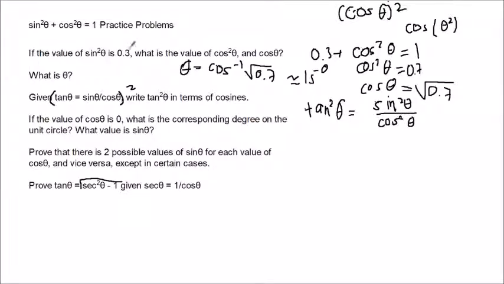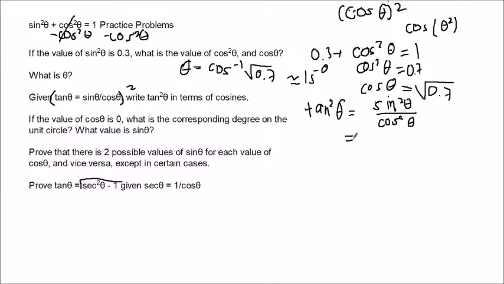But we have to write everything in terms of cosines. From sine squared theta plus cosine squared theta equals 1, we can subtract cosine squared theta on both sides, and then we get sine squared theta is equal to 1 minus cosine squared theta.